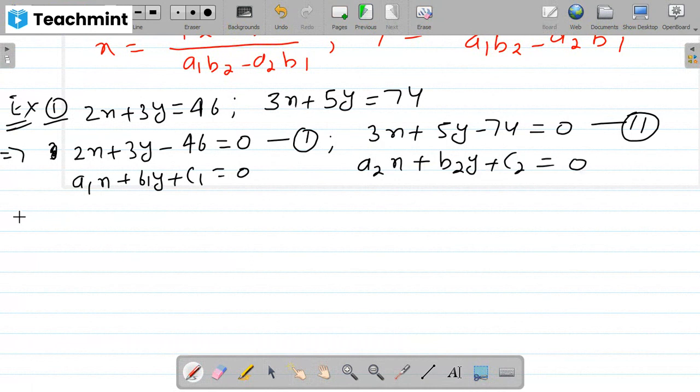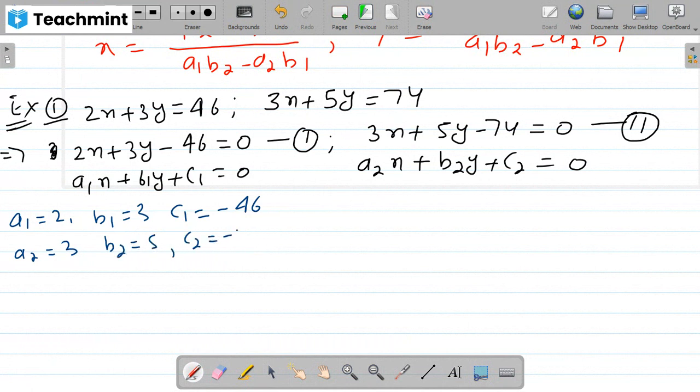After that, the value of a1 is 2, b1 is 3, c1 is minus 46, and the value of a2 is 3, b2 is 5, and c2 is minus 74. Okay, now we want to find the value of x.